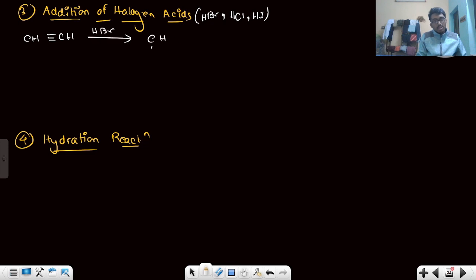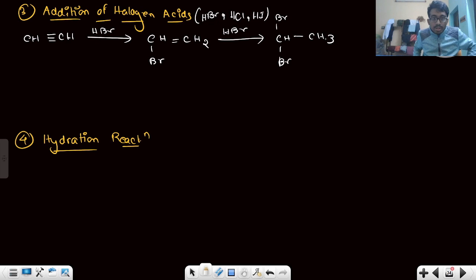You will write CHBr double bonded with CH2. Right? This reaction will not stop over here because another bond can be broken. So with HBr, CBr2 single bond CH3. Clear? This is addition of halogen acids using Markovnikov's rule.